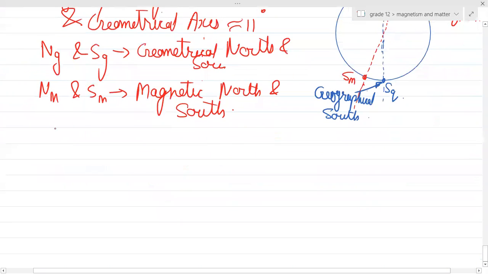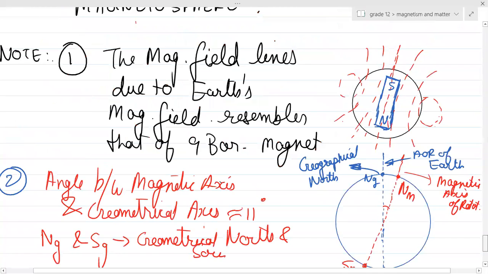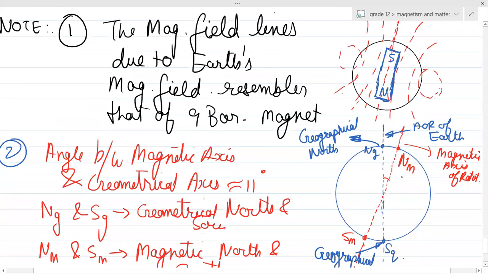Now, always remember the third point. A magnetic needle at any point in space. Please remember, I'm not talking about the general 3D space. I'm talking about the space outside Earth, okay? I'm talking about this particular point in space, right? So whenever you have any point P in space, always remember, if you have a magnetic needle at this point P, it will never point towards this NG.